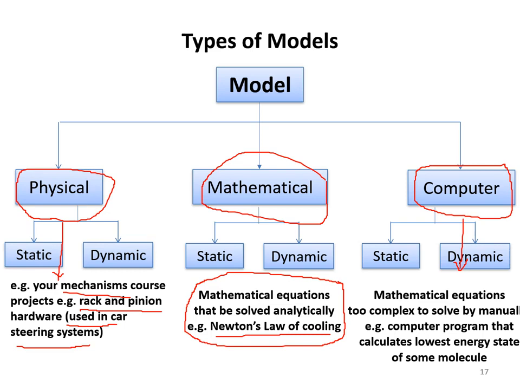In a computer model, we deal with mathematical equations, but these are just too complex to solve manually. Thus, we need a computer program to solve these equations. A good example of a computer model is a computer program that calculates the lowest energy state of some molecule.